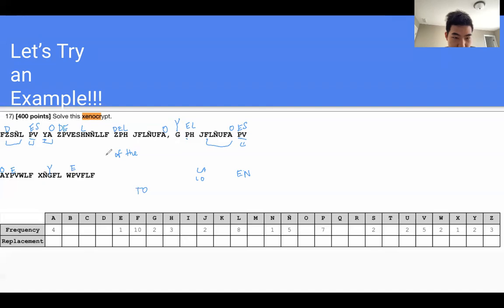Here, what I'm kind of seeing, this F is interesting, and the A kind of as well. Here, let's just keep going down this road.